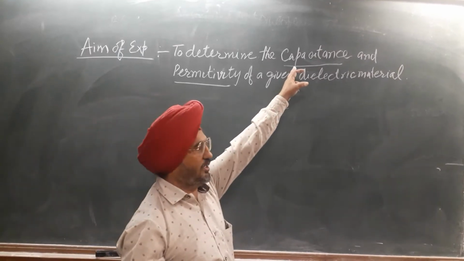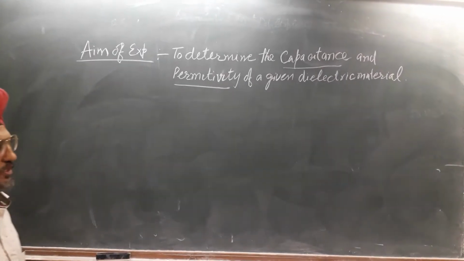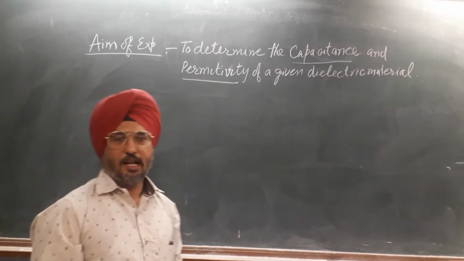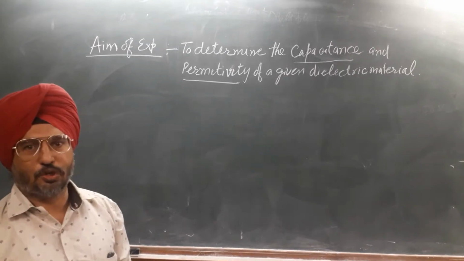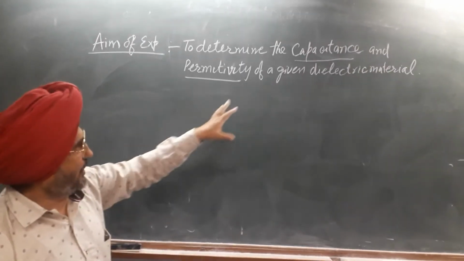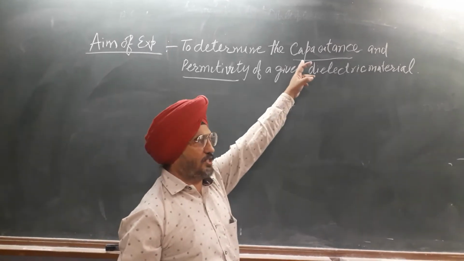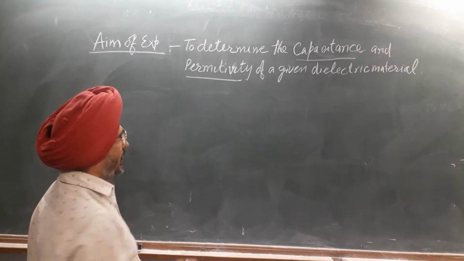First of all, what is the capacitance and what is the capacitor? A capacitor is an electrical device used to store electric charge, and capacitance is the capacity of the capacitor to store charge.